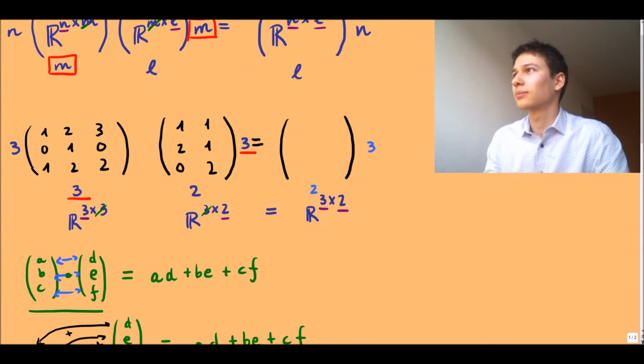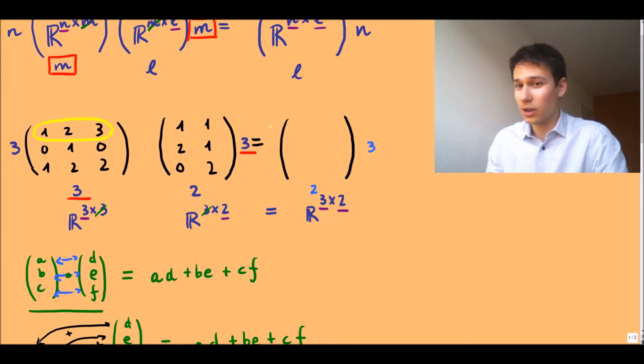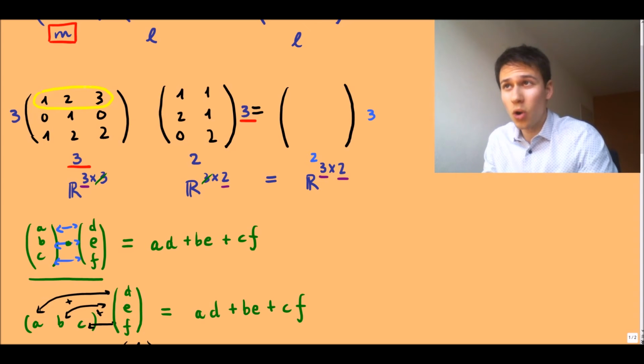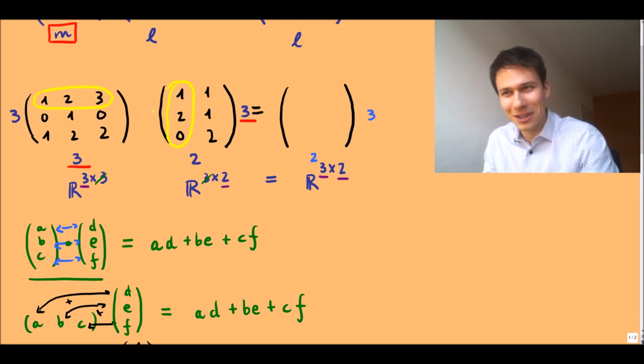So now you know that you first look at this first row. We will get the first row in this resulting matrix, and you get the first entry by taking the scalar product of this first row vector together with this first standing vector or column vector of the second matrix.